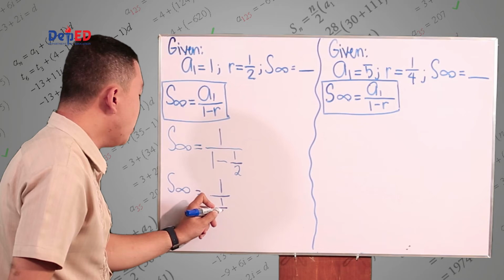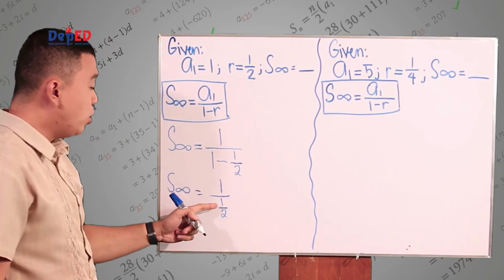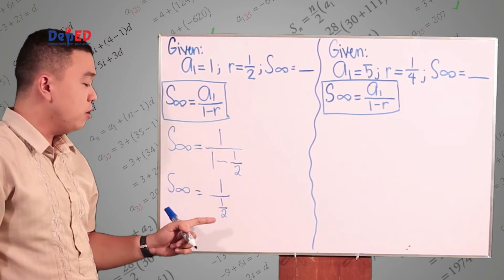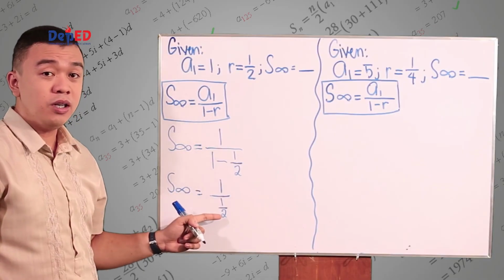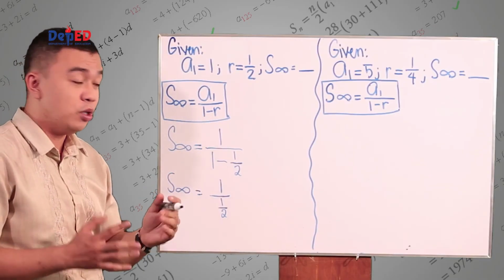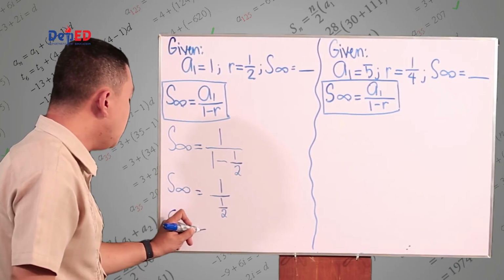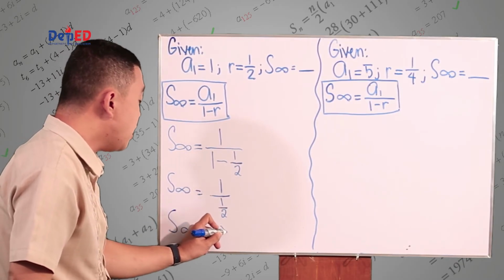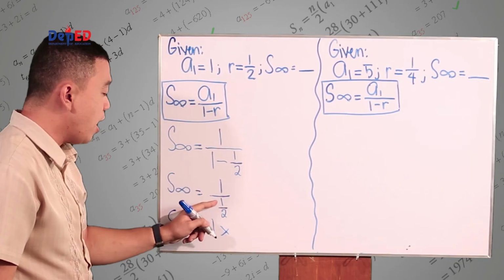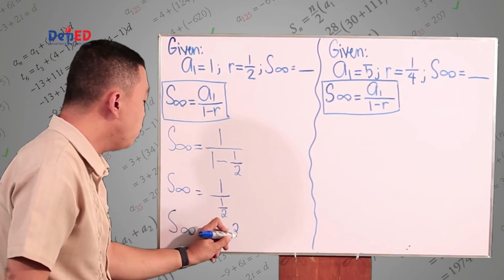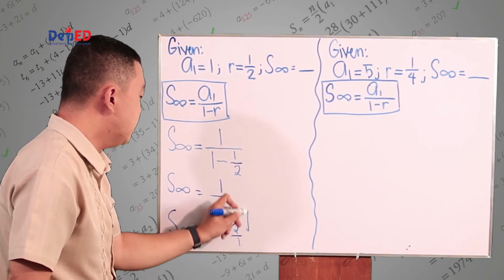Since our denominator is a fraction, we will get the reciprocal of the denominator, then we will proceed to multiplication. So that's sum to infinity is equal to 1 times the reciprocal of 1/2, that's 2 over 1.